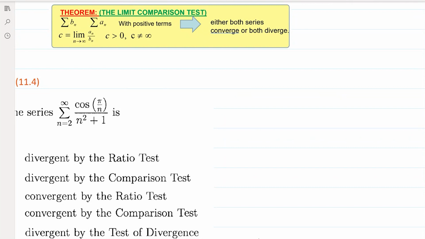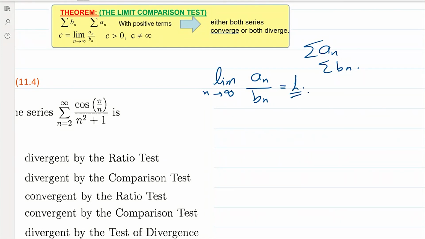What about the limit conversion test? The limit conversion test says the following: if you take a limit between any two series, suppose that you have two series, summation of an and summation of bn. If you take the limit between an, the nth term for the first one, and the nth term for the second one, as n goes to infinity, and you see that the limit between them is just a constant, and that constant cannot be 0 and cannot be infinity.